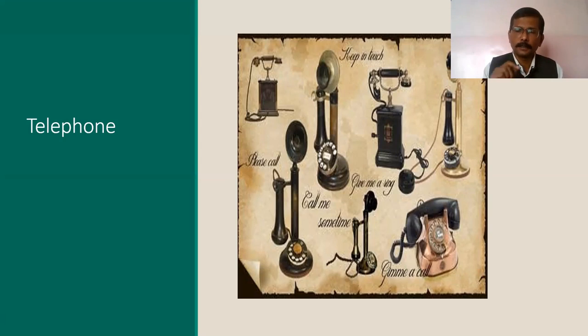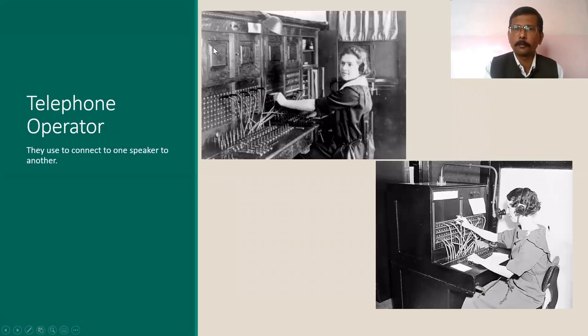You have to tell them, please get me connected to so and so person, I want to speak to him. So he will get it. He'll give you frequency. He'll use buttons there like this, right? These are the telephone operators. They will connect you from one speaker to another, and then you'll get connected, and you'll talk to them.